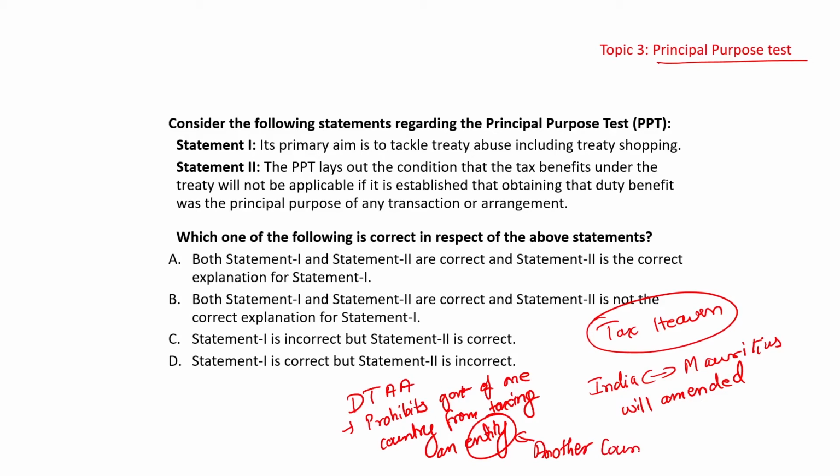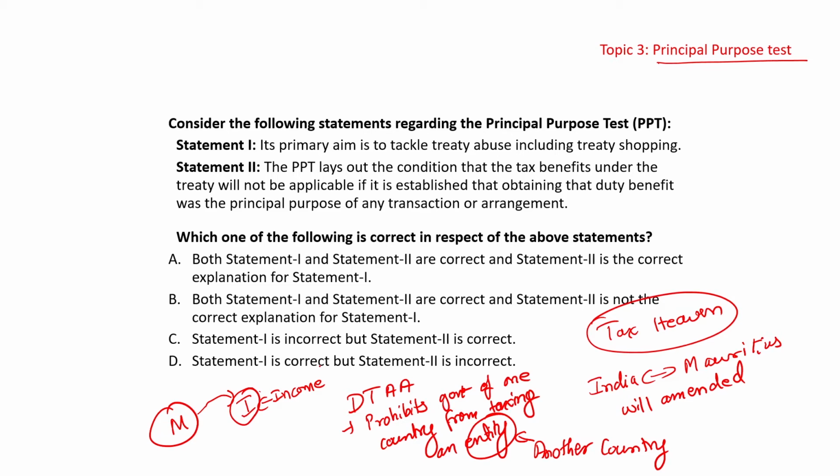For example, if I have a company in Mauritius, and the tax is paid by the company in Mauritius, and after payment of the tax the profit is transferred to India, India basically cannot tax this income. The company does not have to pay tax in India. This is what a double tax avoidance agreement is.